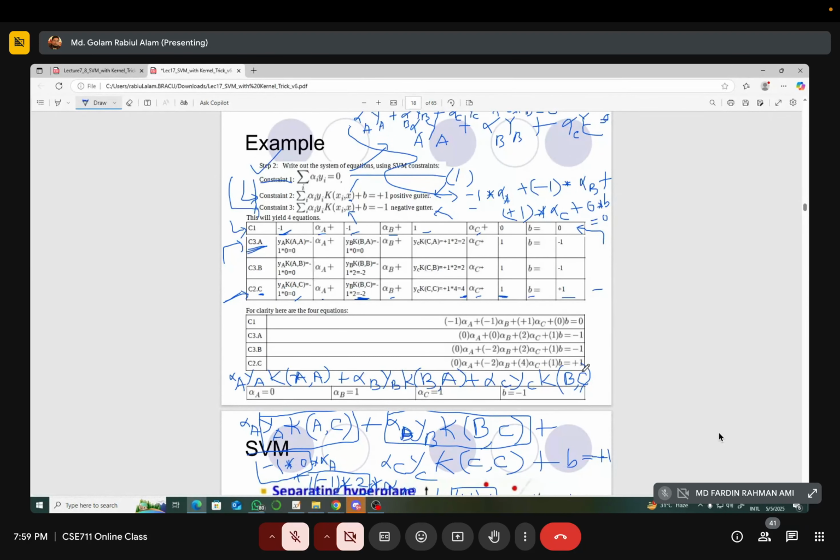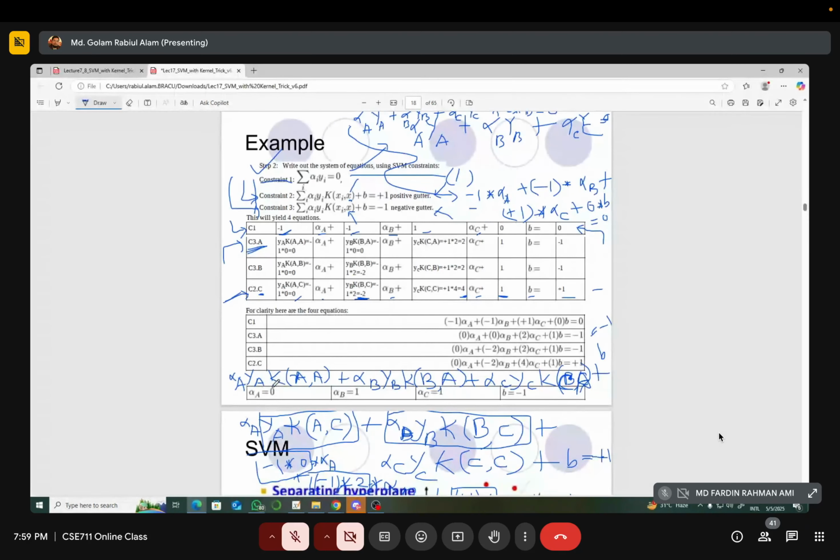Sorry, k(b, A)? Is it B? No, it should be C. Okay, it should be k(C, A), plus b. We can see it is the negative gutter, so plus b equal to negative, that is -1. Okay, equal -1.